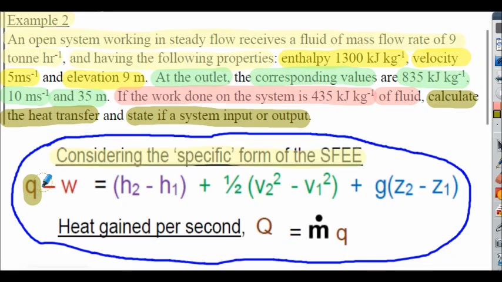Once we found the heat energy per kilogram, we can find the heat gain per second, uppercase Q, knowing our mass flow rate given in the question, but notice it's in tons per hour, and knowing the q calculated above. For the information given in the question, you'll find all the terms in the steady flow energy equation are valid to use in this question. I'd encourage you to stop the presentation and attempt example 2, but the full worked solution is shown on the following slides.